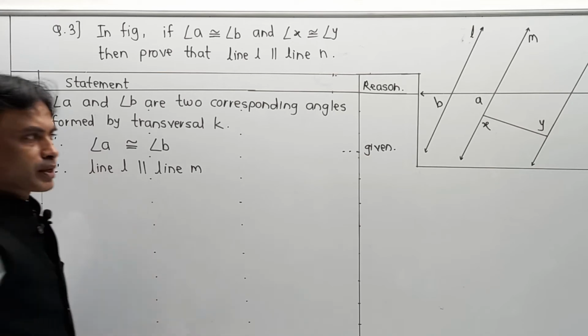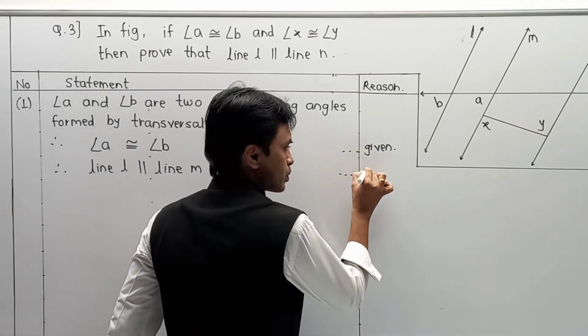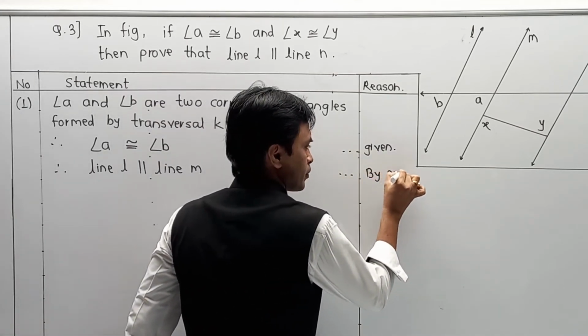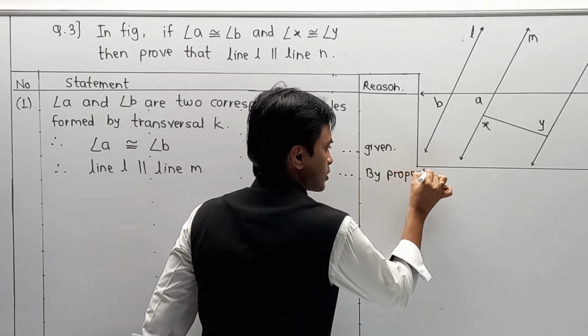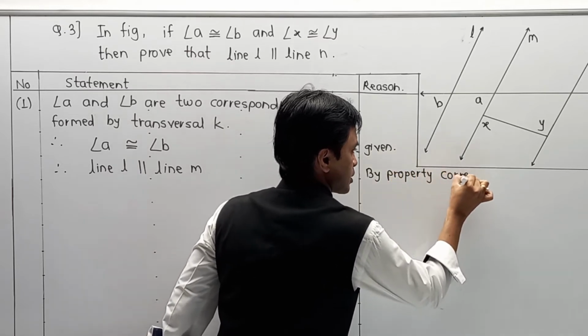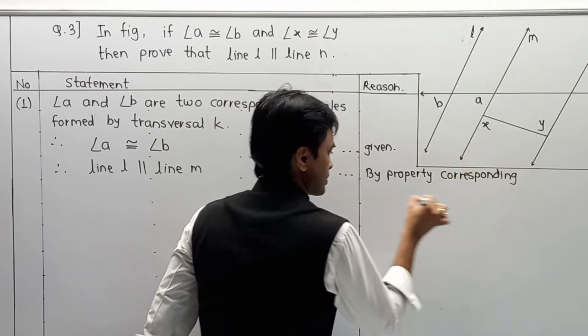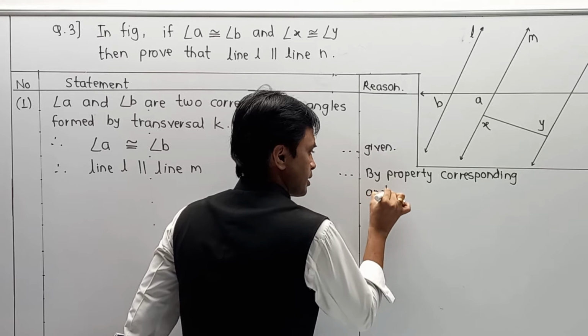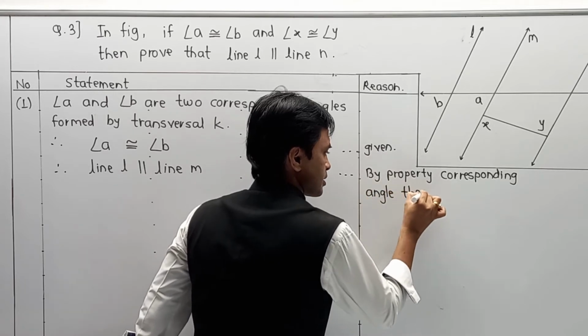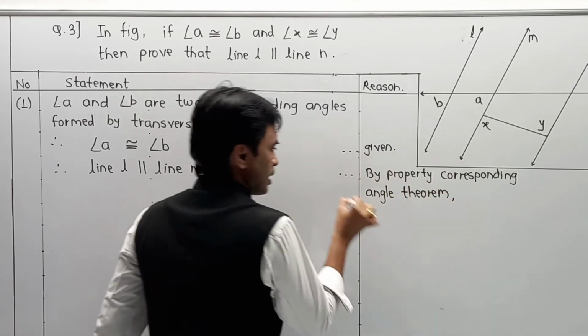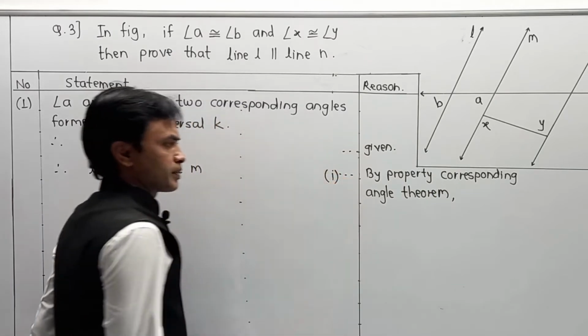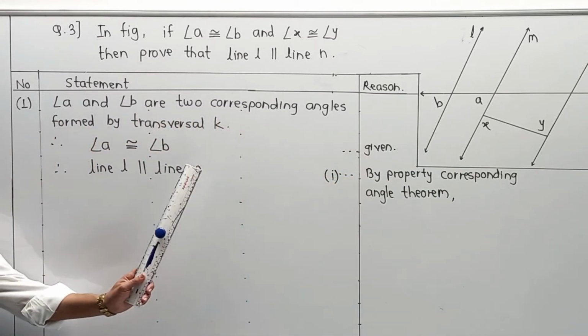That is a property we have completed. So, by the property of corresponding angles theorem, I am going to give it as equation number 1: line L is parallel to line M.